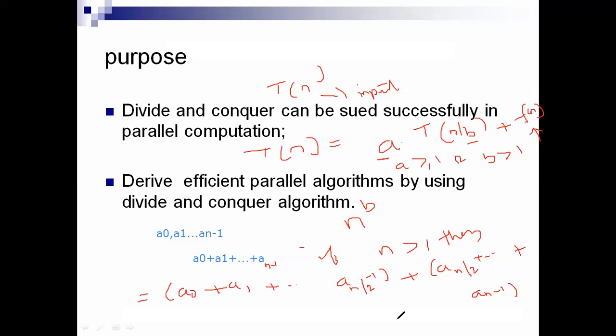Here the order of growth of T of n depends on the values of constants a and b, and also on the order of growth of the function f of n. If you want to analyze the divide and conquer method, we have one theorem called the master theorem.